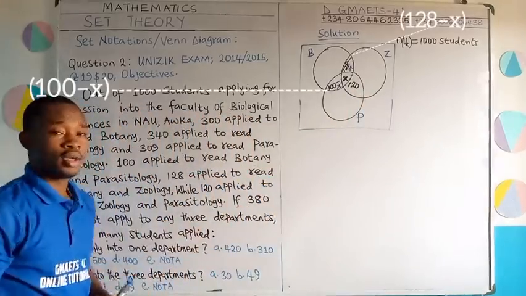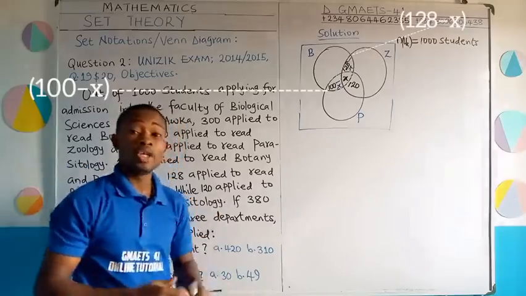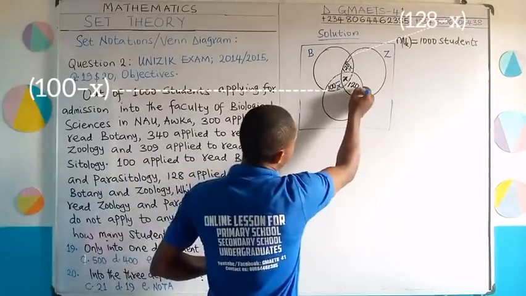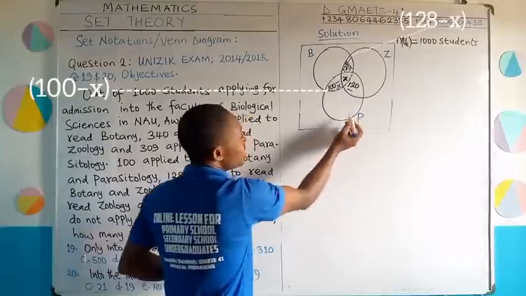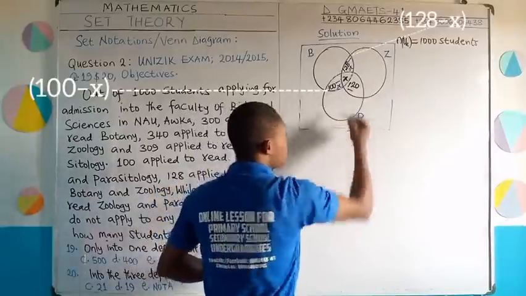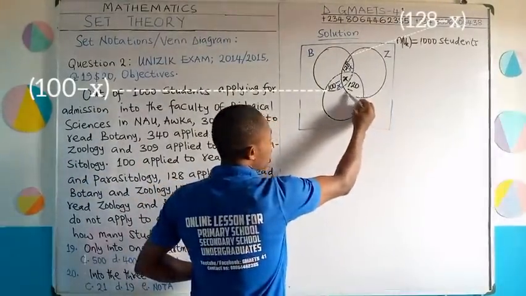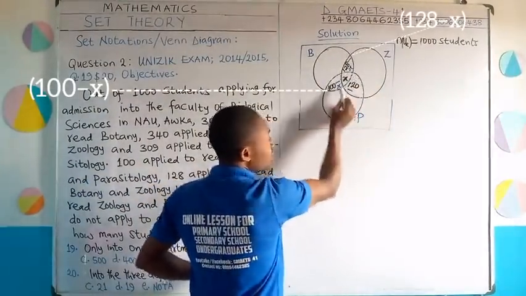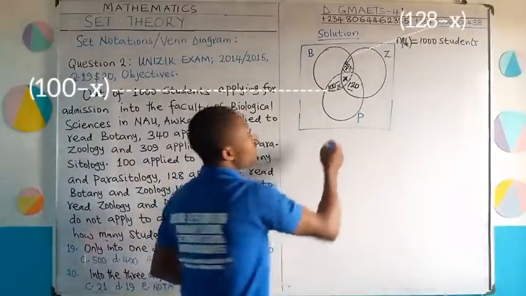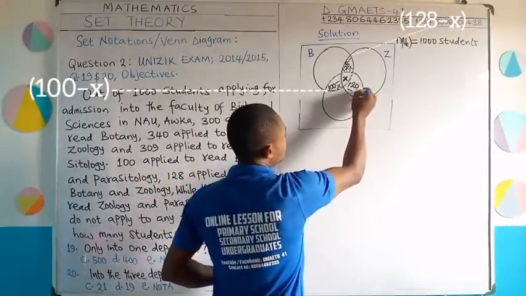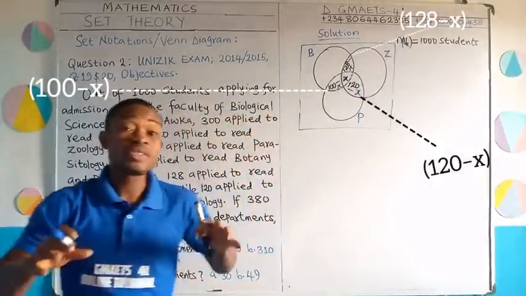But unfortunately, that word "only" was not used. Therefore, I will subtract whatever this zoology intersection parasitology encloses, whatever it covers. If you trace this intersection from here, you notice that it covered this x. So it's going to be 120 minus x. Good. We're doing great here.